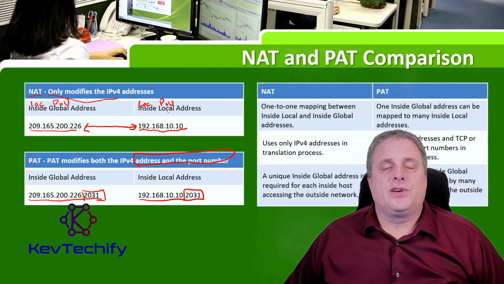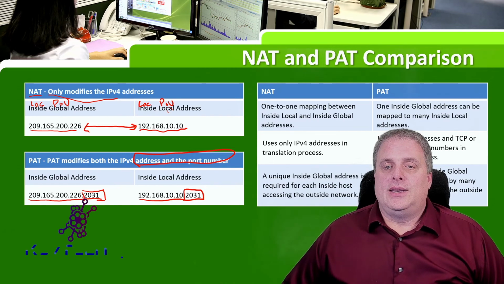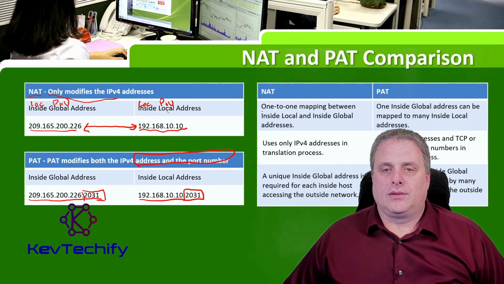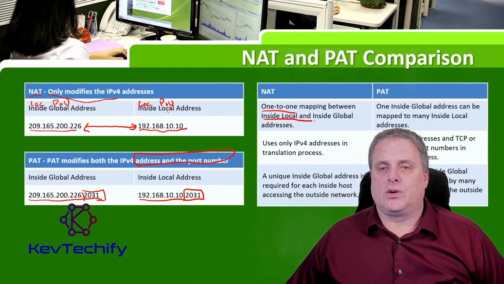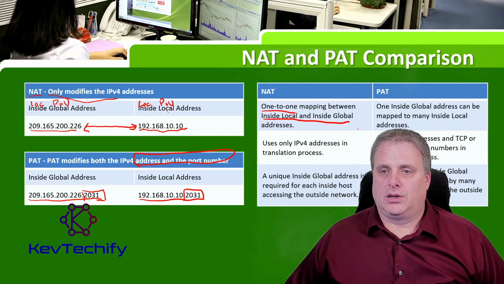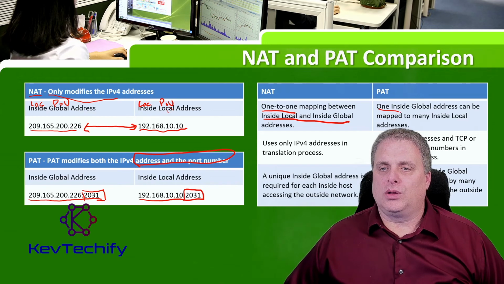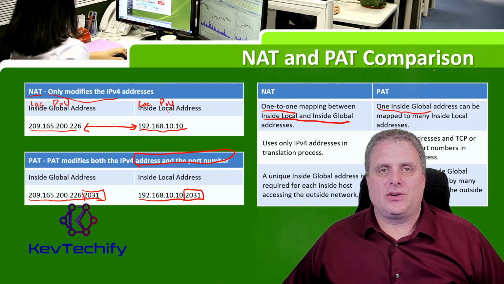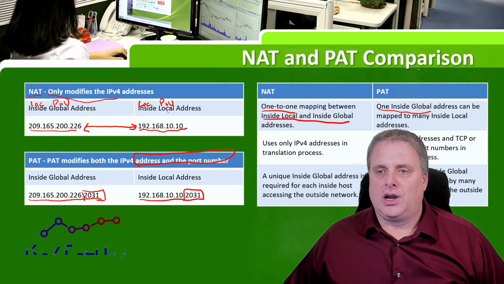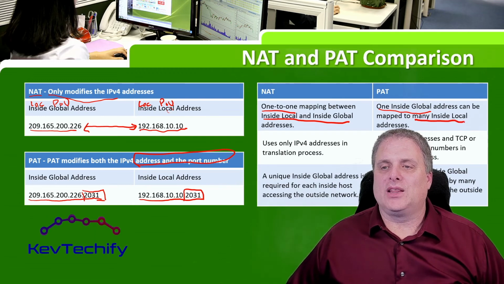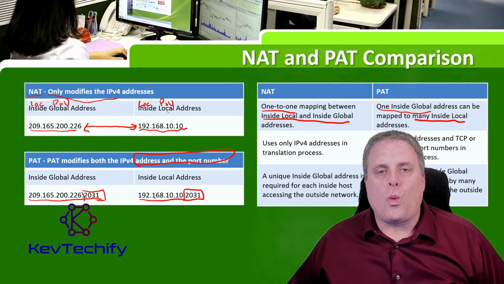Now, some other differences between NAT and PAT. NAT is a one-to-one mapping between the inside local and inside global. PAT is one inside global, so that's the IP address on the outside of your router, to many inside local addresses. So it's a one-to-many.